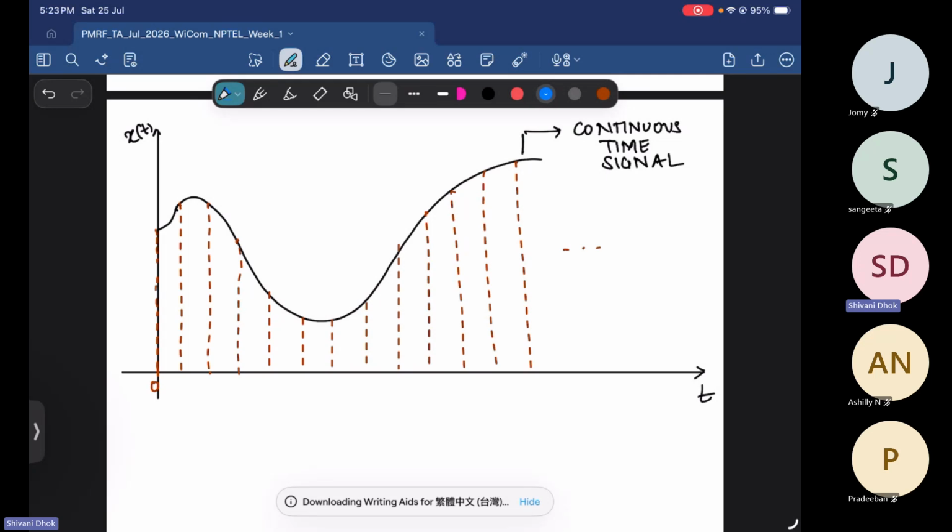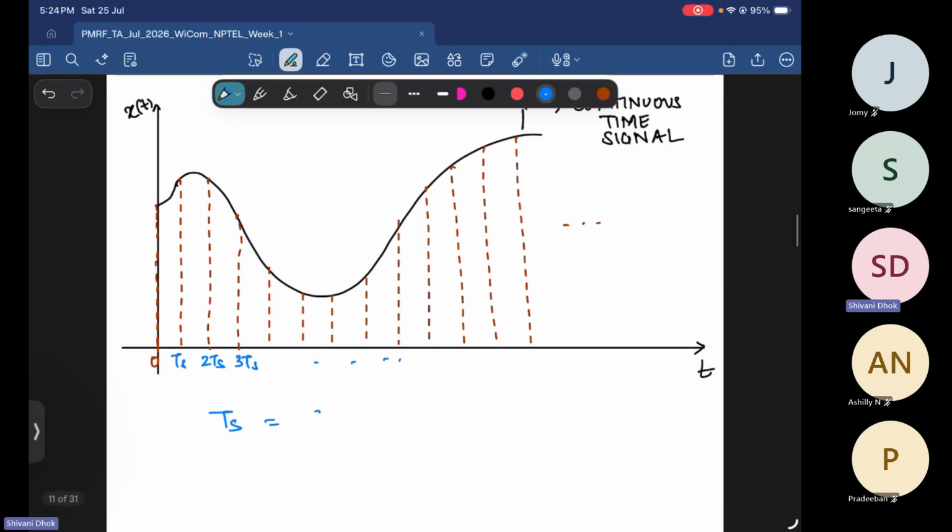We'll continue to do this. TS is your sampling duration, and this is 1 over Fs, where Fs is your sampling frequency.